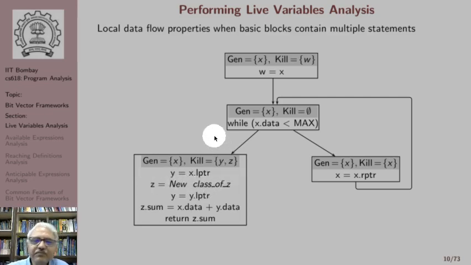So a simple litmus test of liveness is that a variable is live if, when we put some garbage value in the variable at that program point, the behavior of the program could change. By the same token, we can guarantee that a variable is not live if, when we put a garbage value in the variable at a program point, the behavior of the program does not change at all.